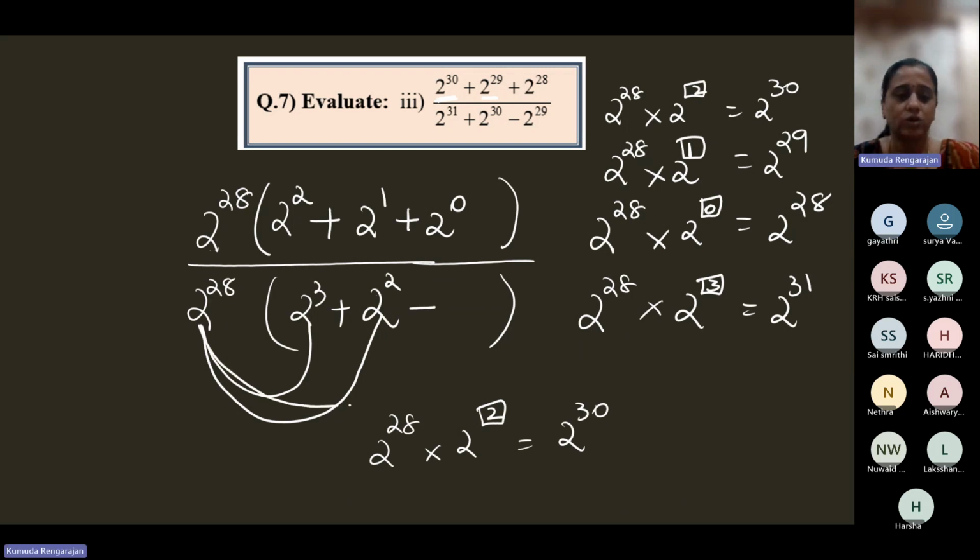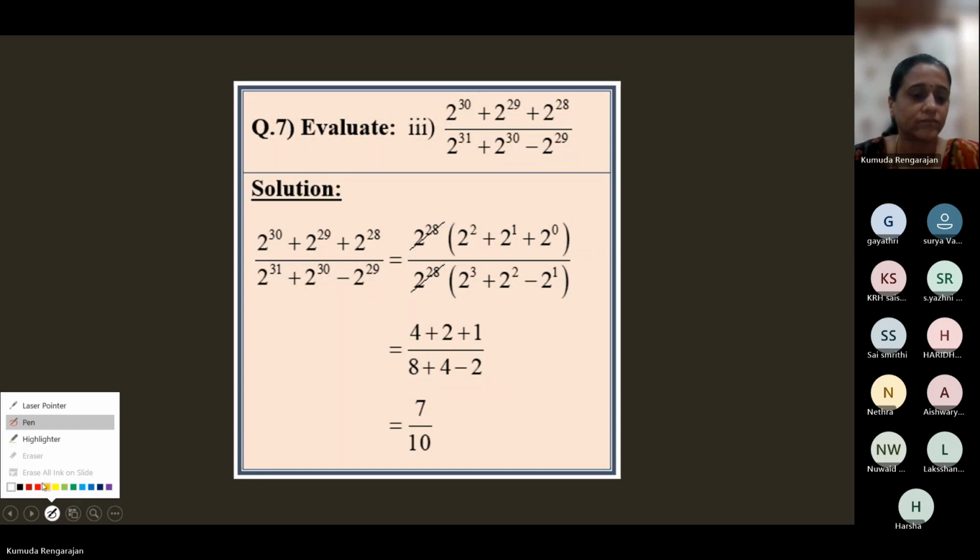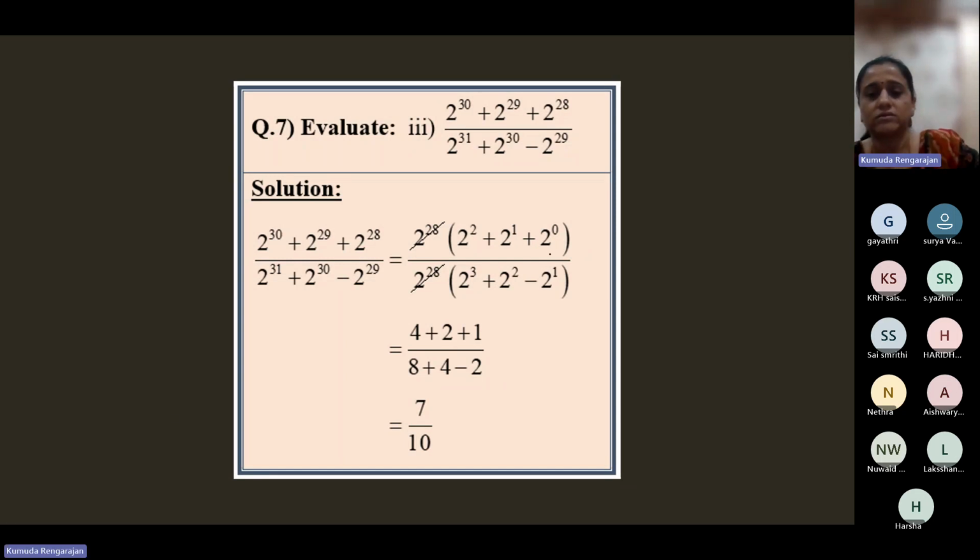Minus 2 to the power 28 into 2 to the power what will give you 2 to the power 29? 2 to the power 1. So that's what you have here.